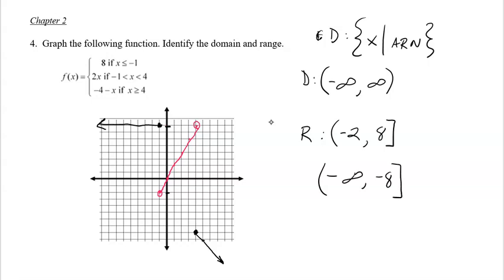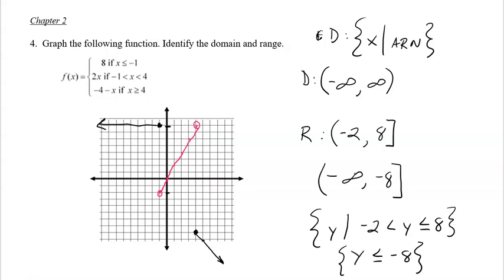So once again, using the set builder notation, the range, that involves the y's, such that we would say from -2 to 8, and then we would also include all of the y's that are less than or equal to -8. Okay, that takes care of number 4.